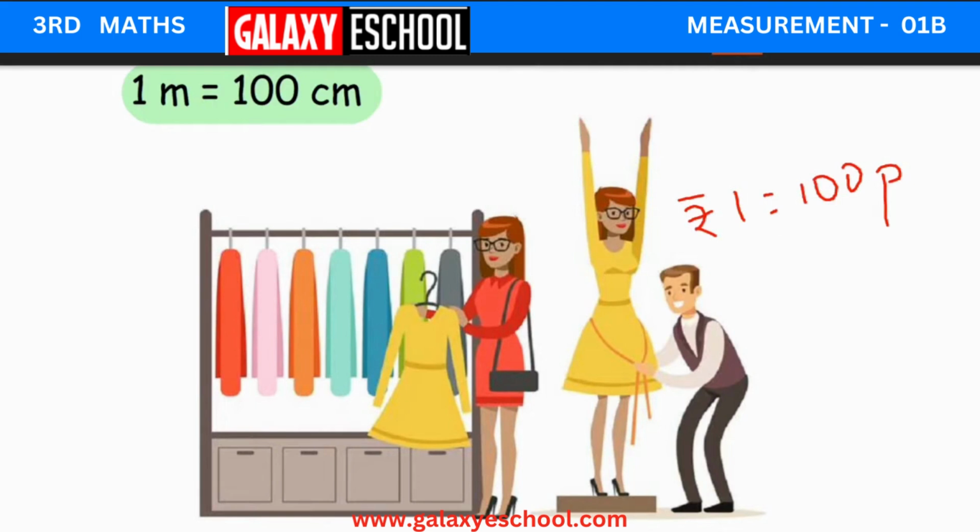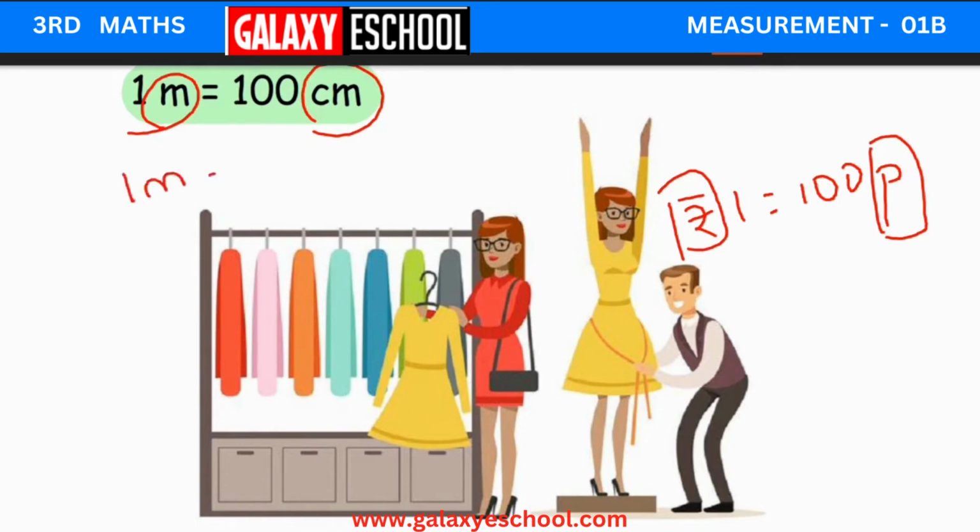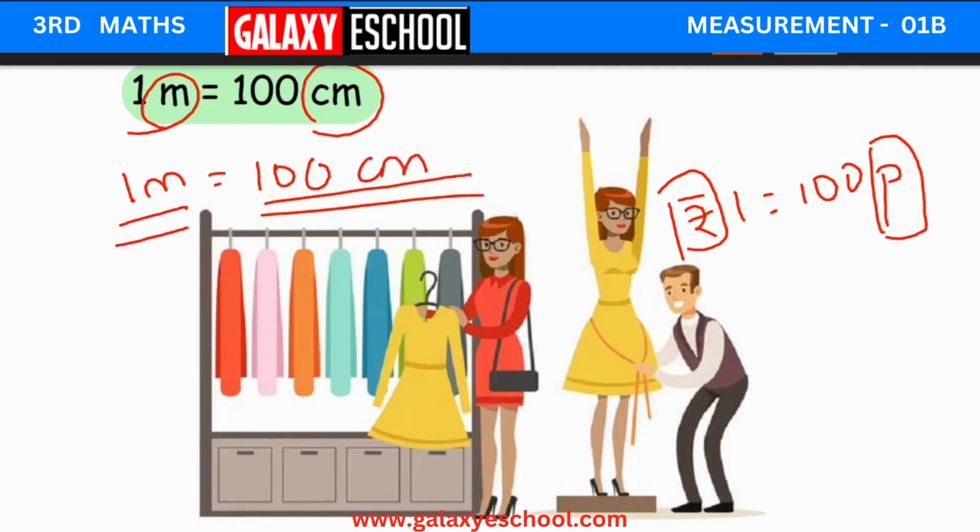Did we learn this or not? Yes. So this was the relationship between our rupees and paise. In the same way, between meters and centimeters, the same relationship exists. That is 1 meter is equal to 100 centimeters. When I say 1 meter, it is nothing but our 100 centimeters.